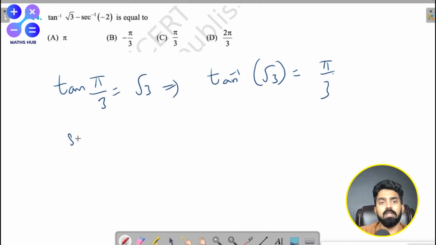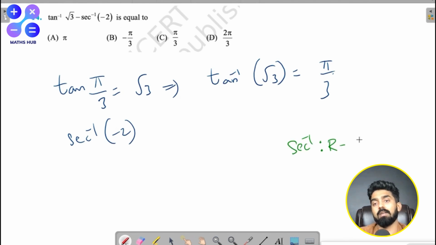Now, secant inverse of minus 2 is what you want. So what do we do for this? We don't have to go to that extent, but this is just for your revision. Secant inverse takes values from R apart from minus 1 to 1 and gives you values from 0 to pi apart from pi by 2.